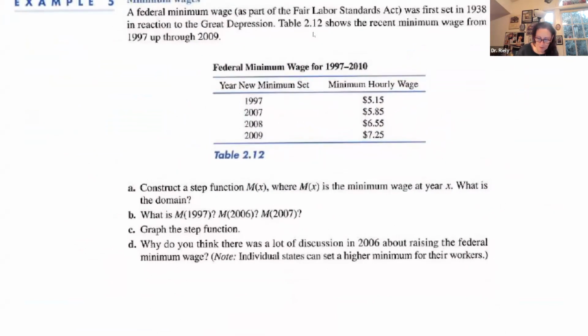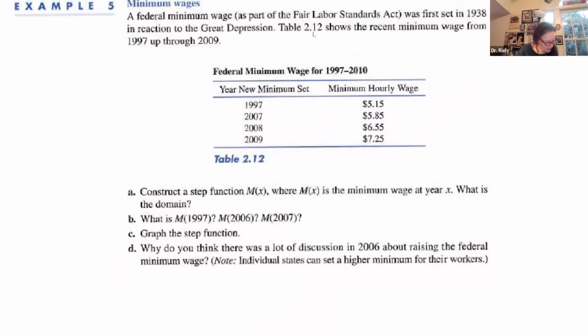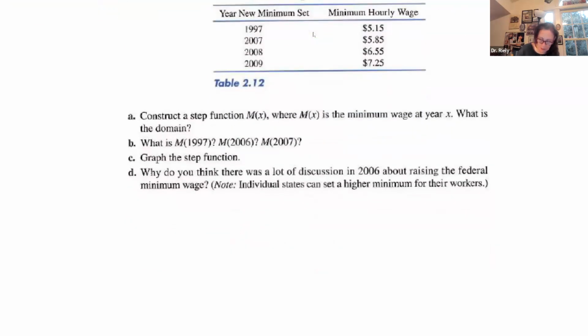So for example, if you were to plot this, you would say, okay, I'm going to plot these values. On this side, I have my hourly wage. So this is my wage, and this is going to be time.